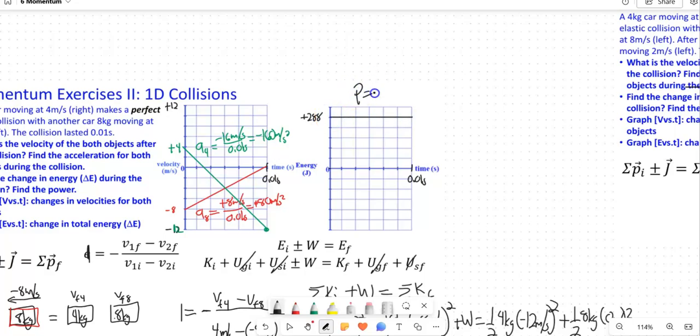So power, which is equal to the change in energy over the change in time, that's going to be equal to work divided by time, which is 0, we found out, over 0.01 seconds, which is 0 watts. So power is equal to 0 watts. There is no energy entering or leaving the system.